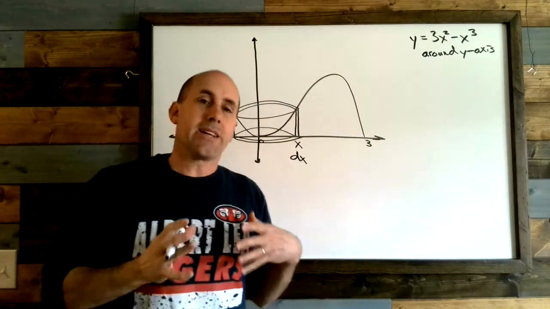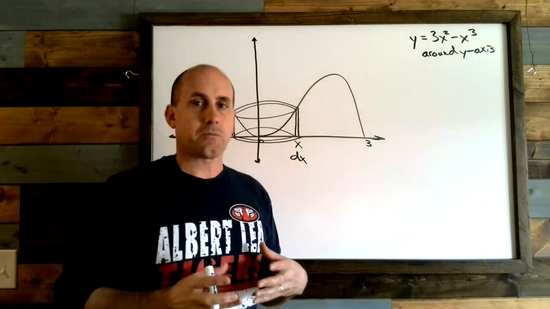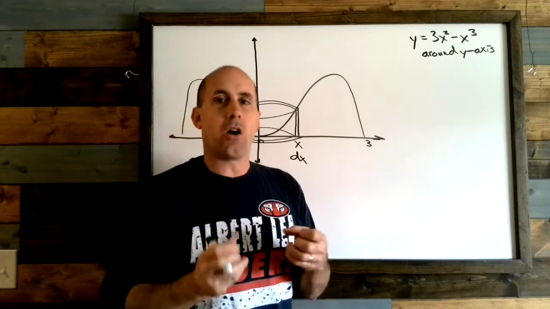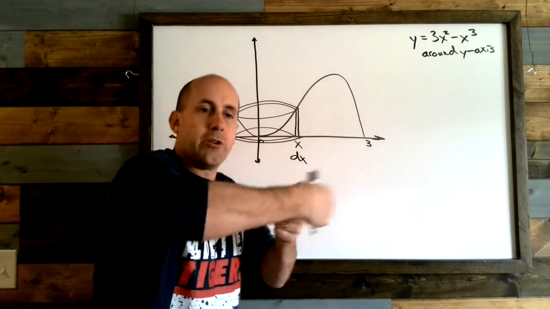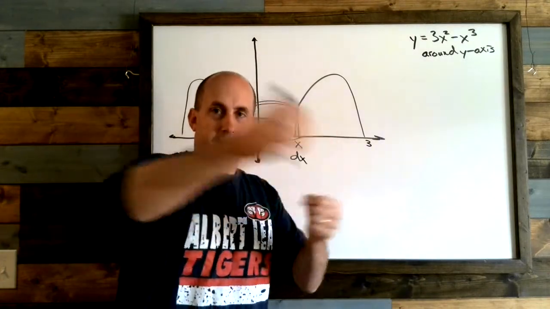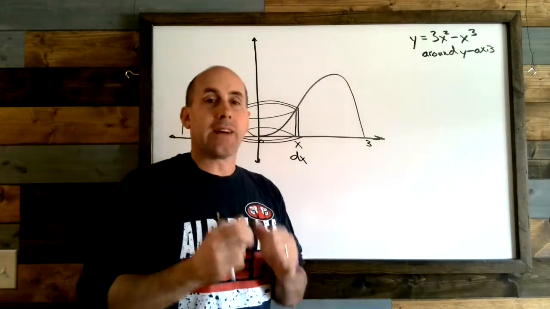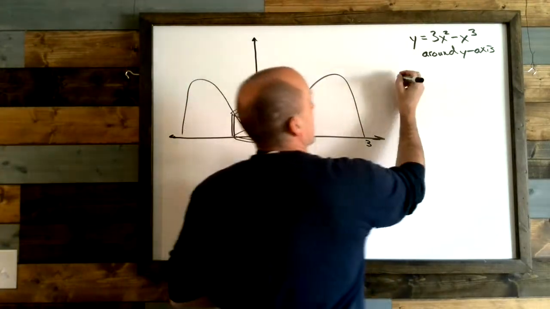As I do, I get a cylindrical shell. How do we find the volume of that shell? What we do is we unravel it, kind of like a label on a soup can.